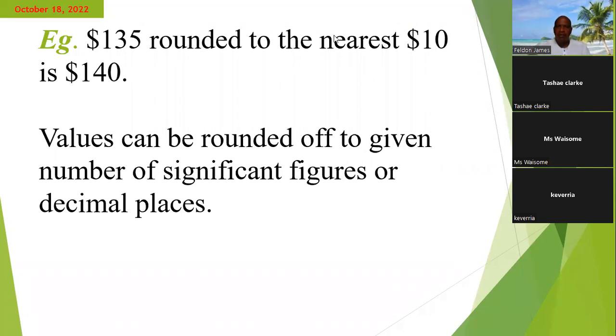So as I was saying just now, if we have a number, say for instance, 0.0, so if we have a number 0.0, and then we have 1, 0, 0, 3.